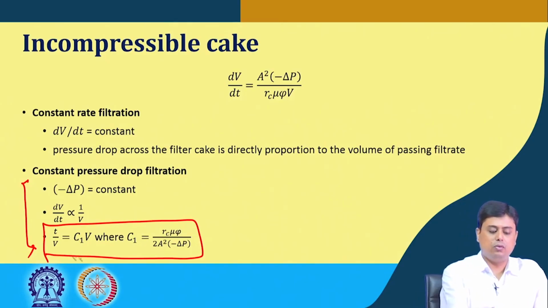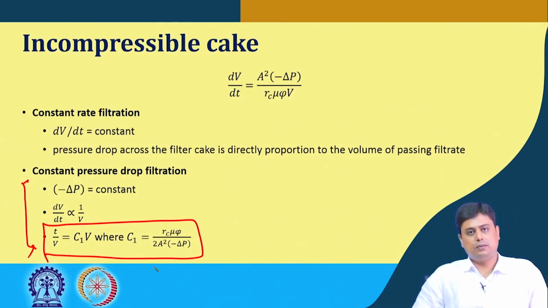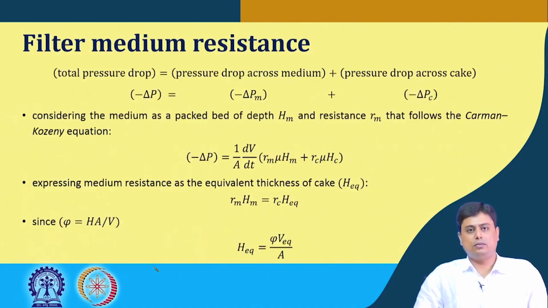This expression would give you that result. But this is the case where we have only considered the cake as the effective filter medium. We did not consider the resistance of the filter itself.